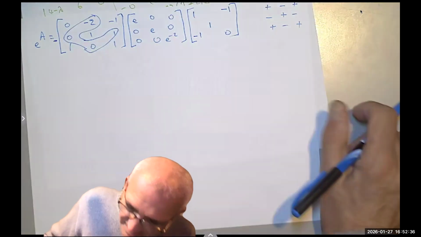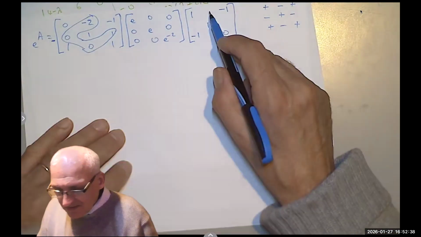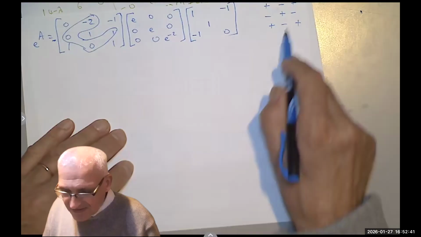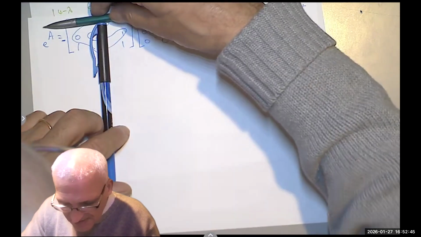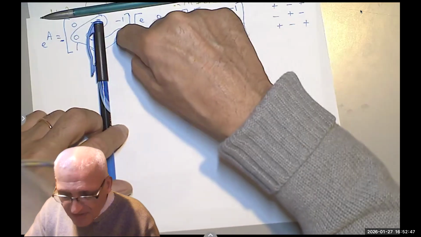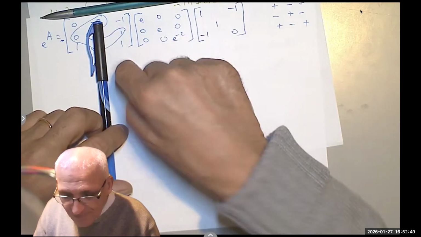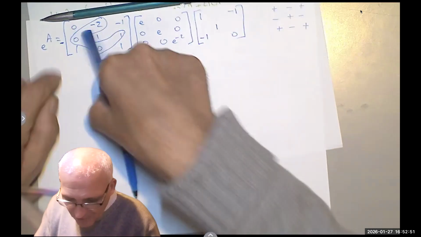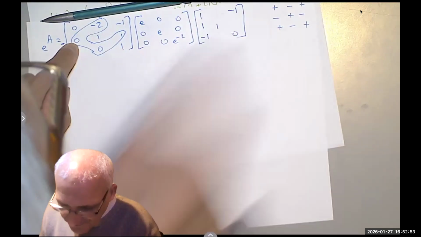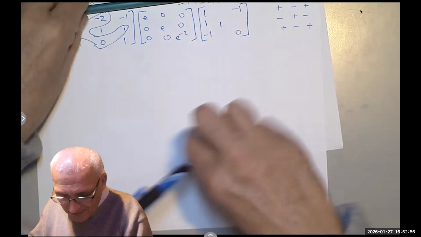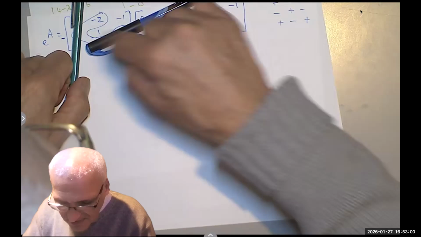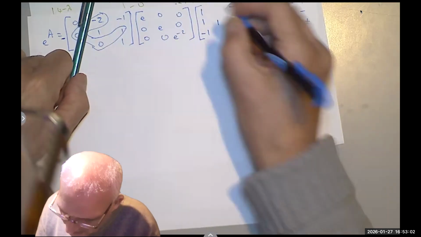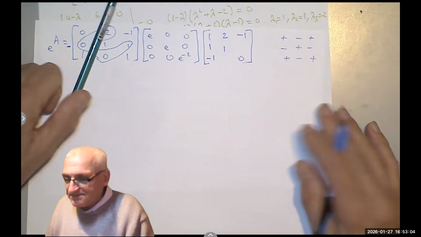And then for the remaining, after I find the minor and transpose, I will change their sign. Meaning the minor of the -2 here is 0 minus 1. So instead of -1, I would make it +1, and I'm going to write it here. The minor of this, I will change it and write it there. -2 minus 0 is -2, so I'm going to write it as +2 here.